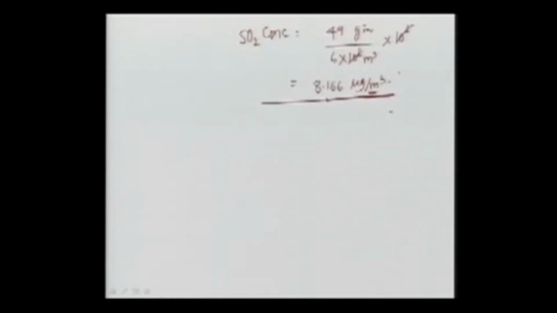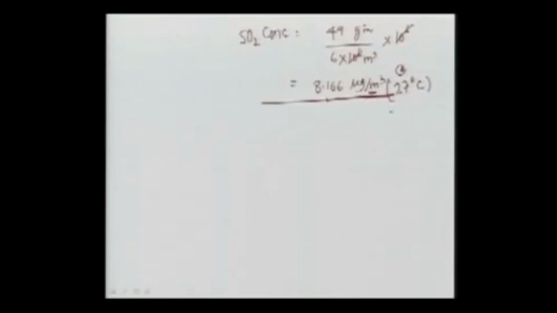This meter cube, the point where I want to find out, is at 27 degrees Celsius. Don't forget that. The village temperature is 27 degrees Celsius, but our standard is at 20 degrees Celsius, so we must convert this concentration to 20 degrees Celsius.